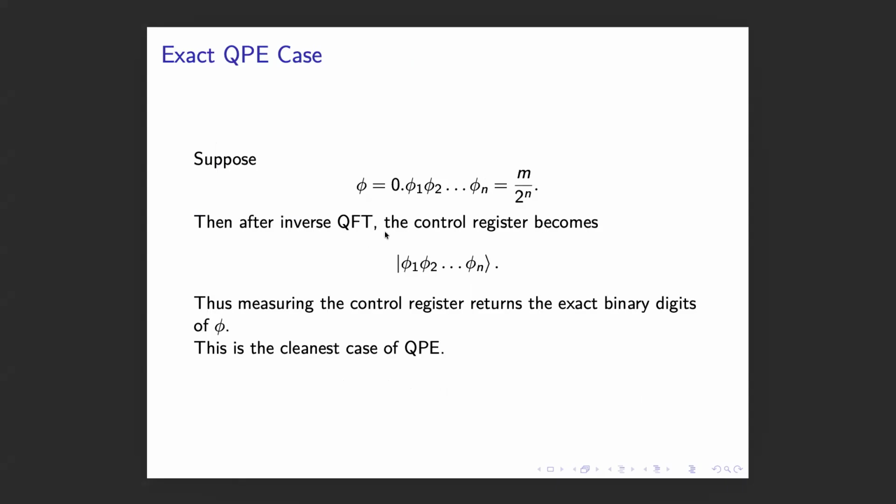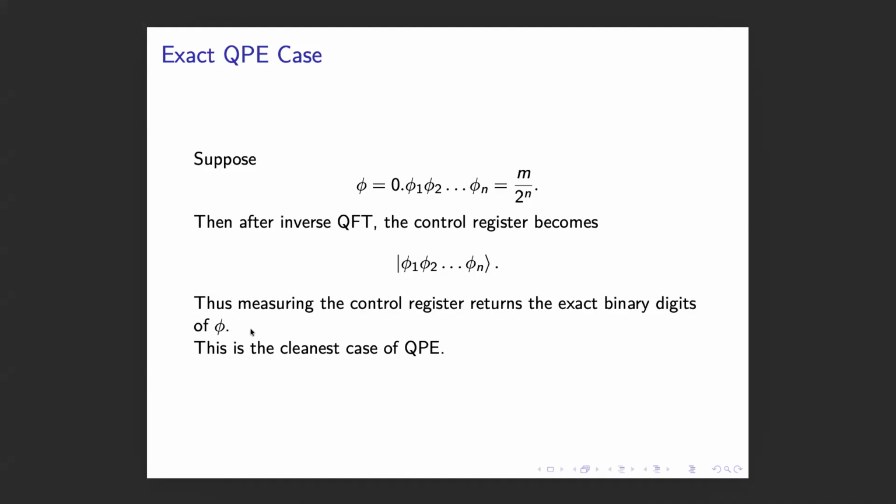Then after inverse QFT, the control register becomes simply phi1, phi2 up to phi n. So that gives us these different coefficients phi. Then measuring the control register: if I do like I did for the one qubit case, if I make a measurement on either qubit 0 or qubit 1, then that returns the exact binary digits of phi.